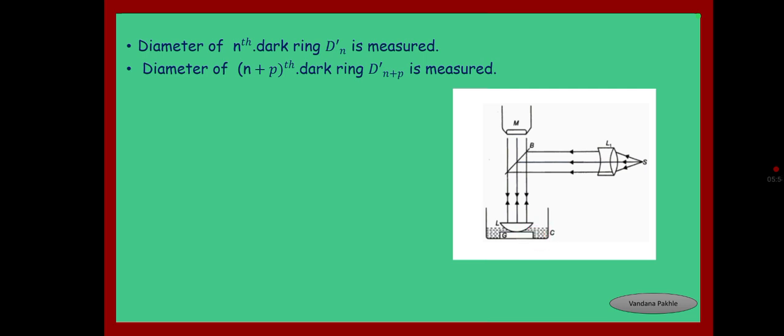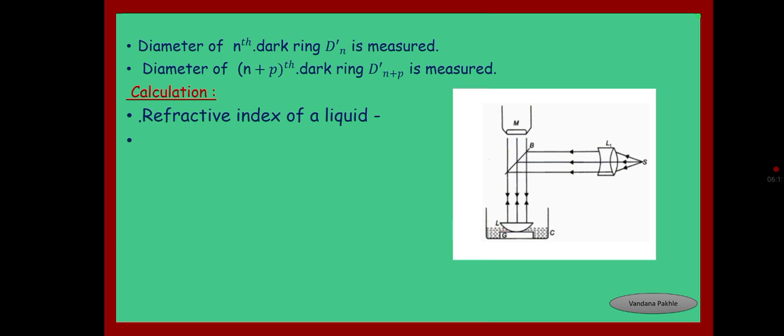The diameters of the (n plus p)th and nth rings are measured using the travelling microscope scale. Here D dash n and D dash n plus p mean the diameters of Newton's rings when liquid is poured.